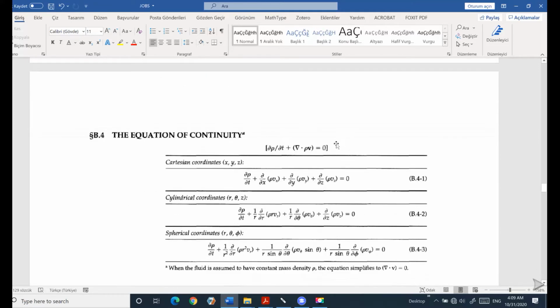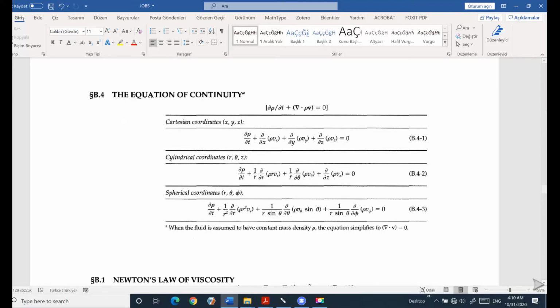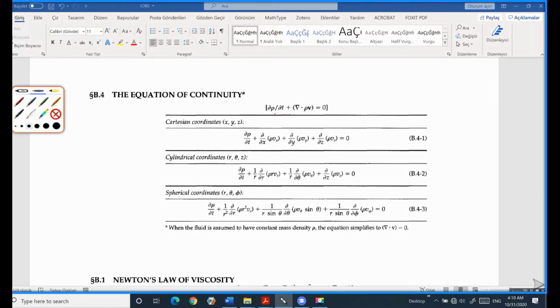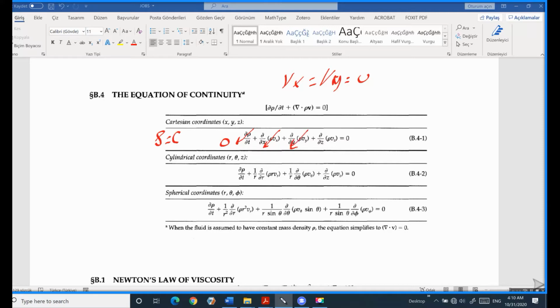So we are in here. This is our continuity equation actually. The problem says rho is constant, that's why this term is going to be 0. Also our vx is going to be 0. This term is 0, and this term, sorry, vy, this term is going to be 0. We only get that term.